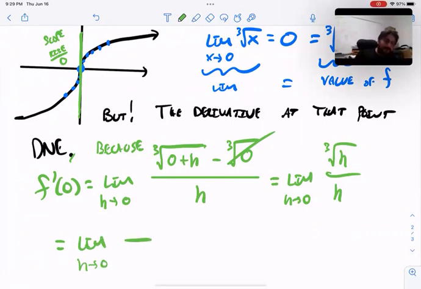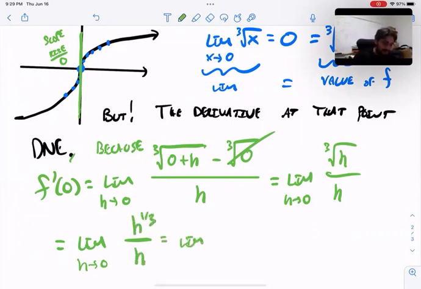What are we always hoping for when we do the limit definition of the derivative? We're always hoping for that h to cancel. That's what removes the discontinuity, right? That's what resolves the division by 0 and gives us a limit that exists, right? But here, look what happens. Consider this top as h to the 1/3 and the bottom as h.